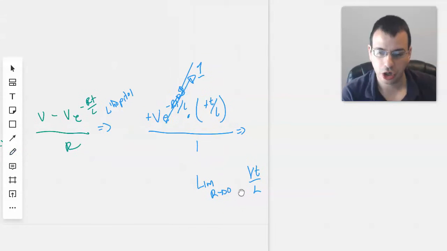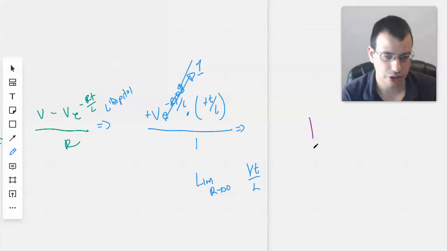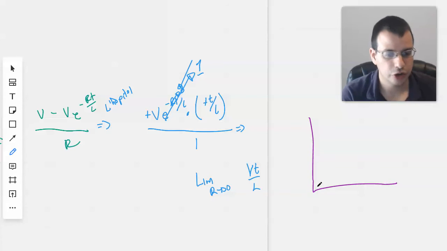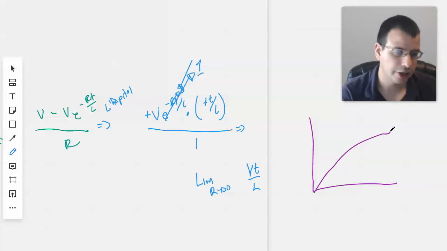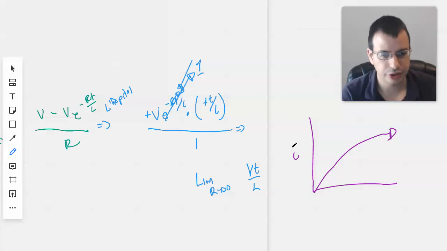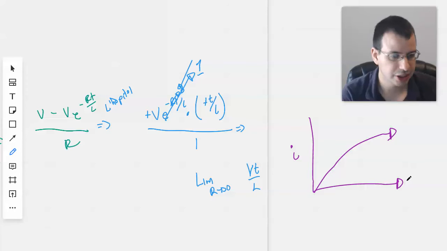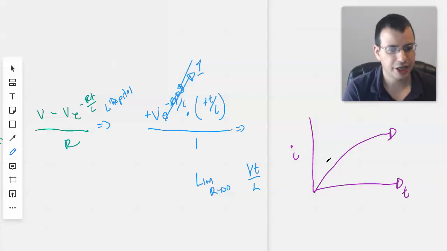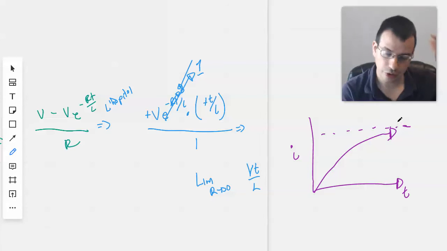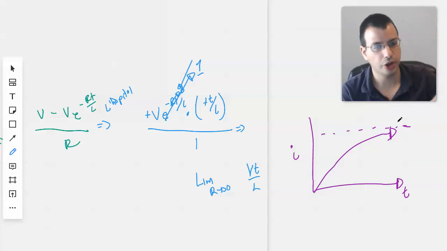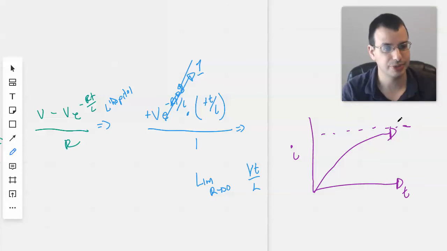So our normal equation for a current, this is I with respect to T, you get kind of this, it works its way up towards some maximum value. So basically, when you think of it in terms of the water wheel, it starts spinning up until it reaches its max speed.